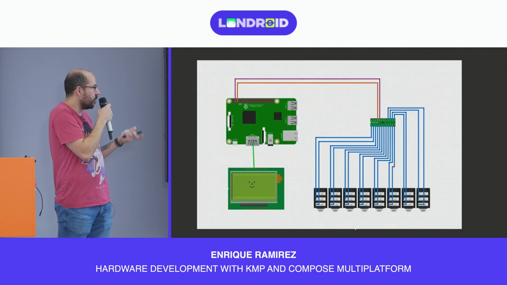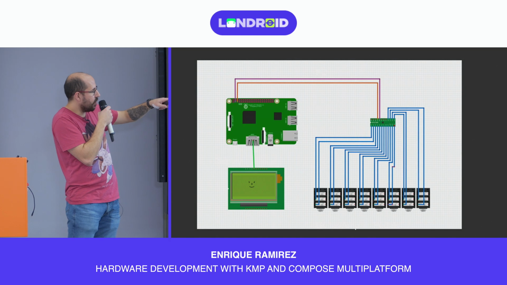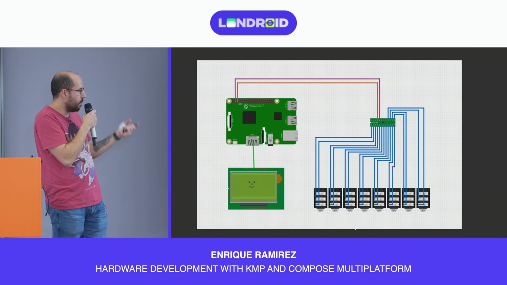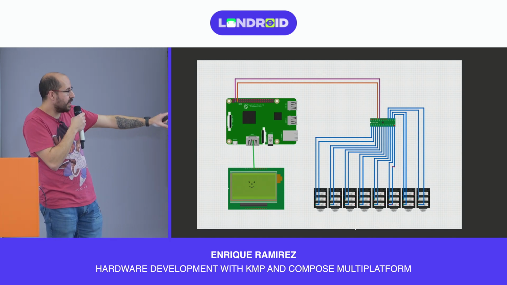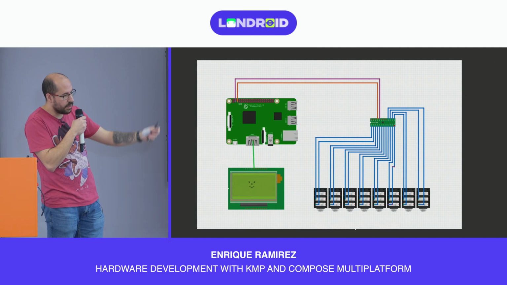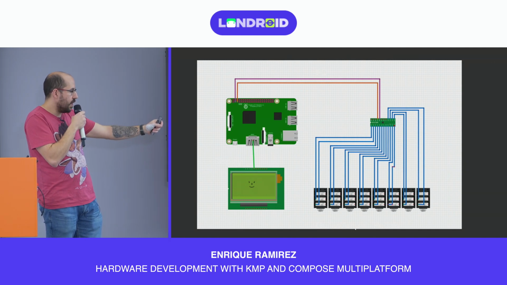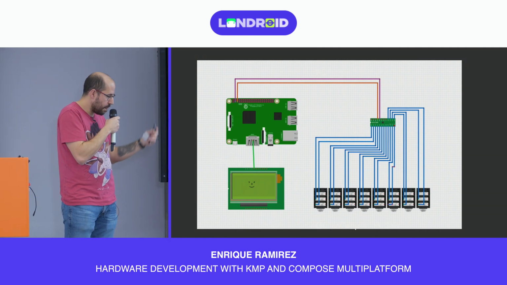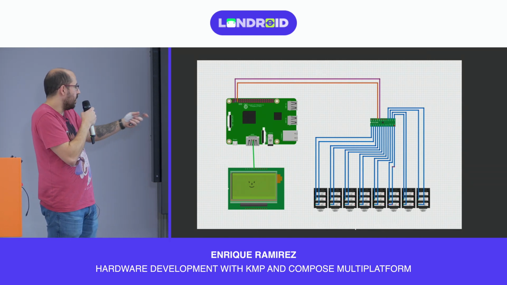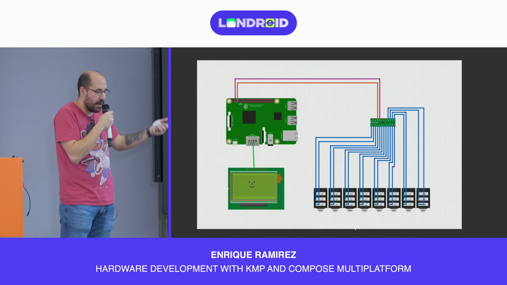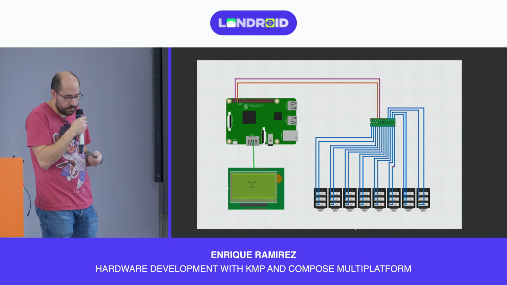Super cool. That way we can do a connection to the board we developed, that at the same time is connected to all the pedals, all the jack plugs, and we can connect a screen through HDMI.